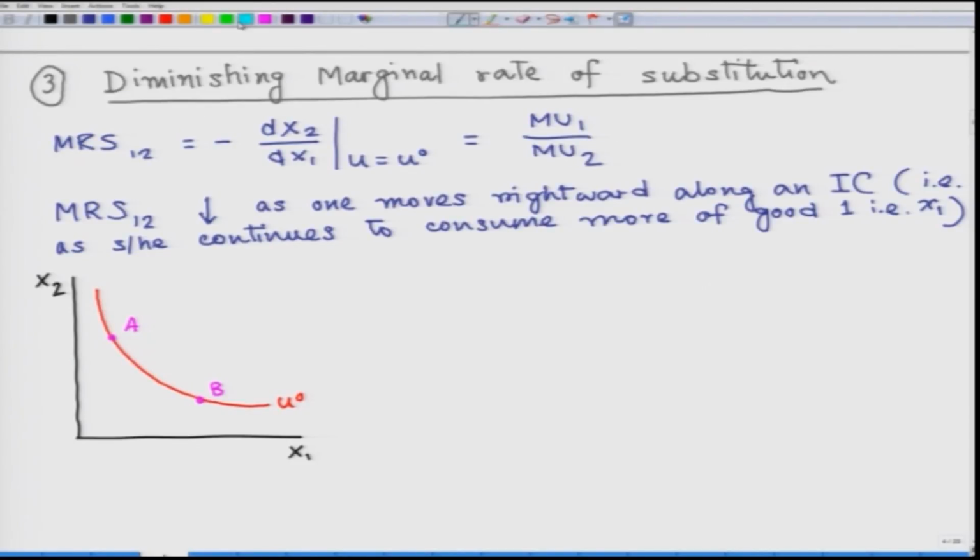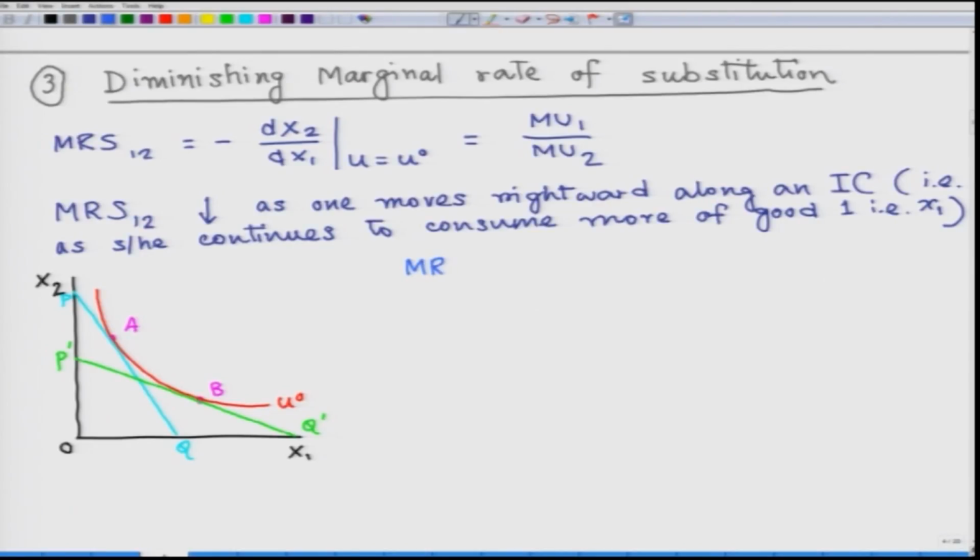Let us draw a line which is tangent to this point A, so that we can measure the slope of this indifference curve at point A, and let me name it P Q. Let me have another straight line drawn, this time tangent to point B, and let me name that line P dash Q dash.